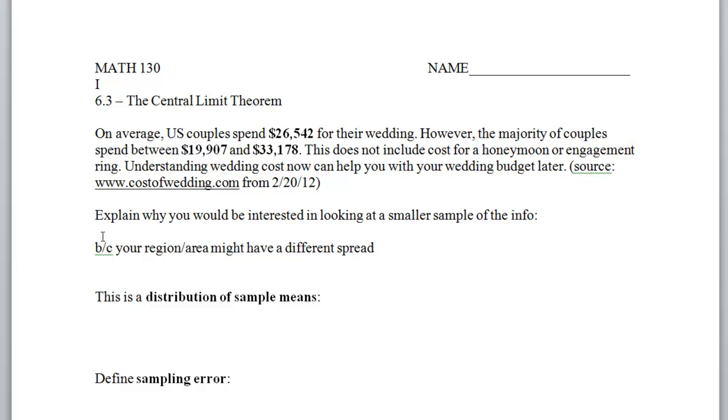See, we're going to be dealing with something called the distribution of sample averages. Because when we look at a sample group, their averages may not exactly match the actual average of the entire population. But if you take enough samples, then you will actually get the same average.